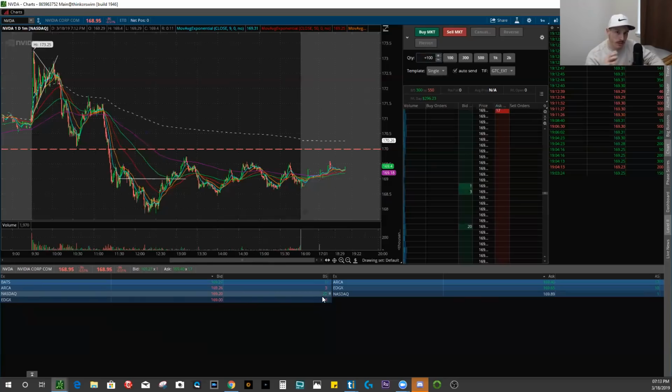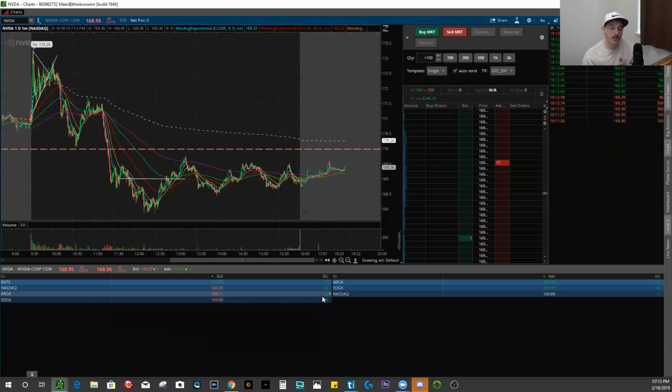Okay, so there's this idea out there that the level 2 really helps you determine when something's about to move, which it can, in regards to understanding when it's getting stacked and when there's a lot of buyers in comparison to sellers.